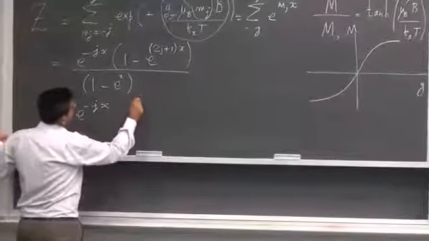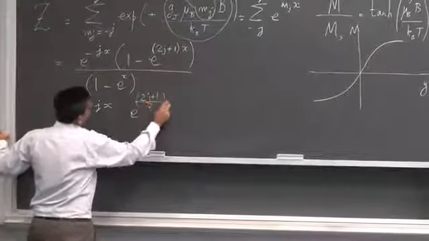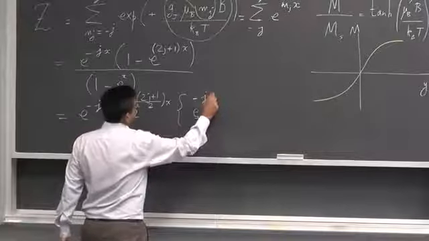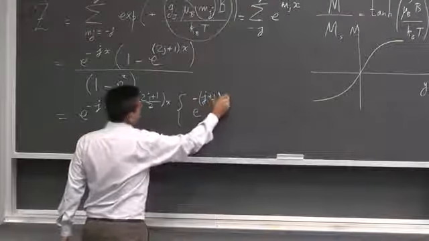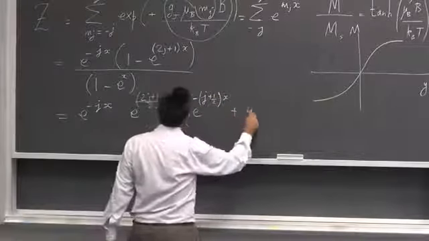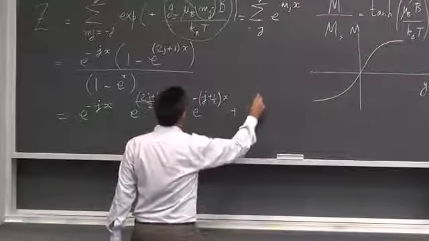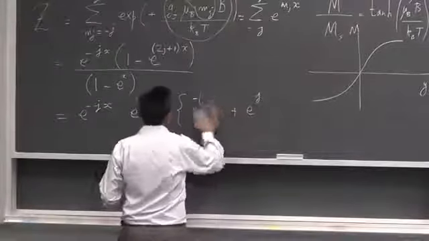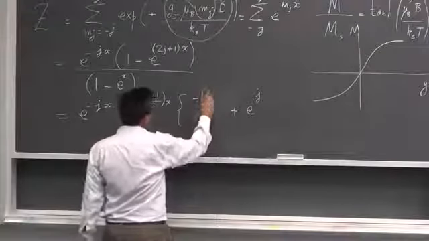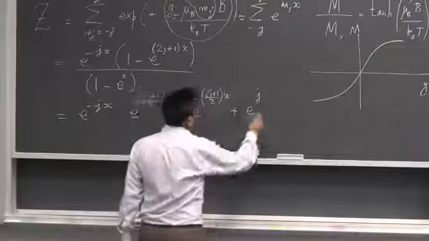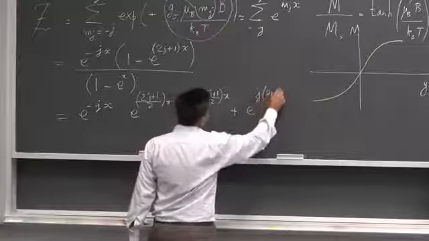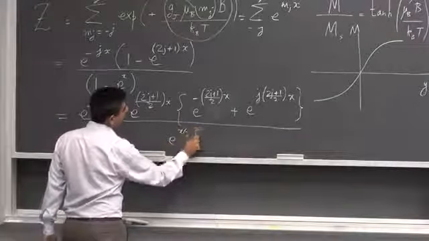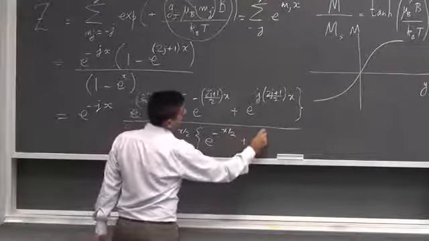I take e raised to power (2J plus 1)/2 times x as common in the numerator, and e raised to power x over 2 as common in the denominator, and I'm left with e raised to power minus (J plus 1/2)x plus e raised to power (J plus 1/2)x, and e raised to power minus x over 2 plus e raised to power x over 2.